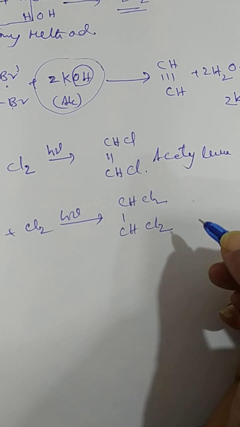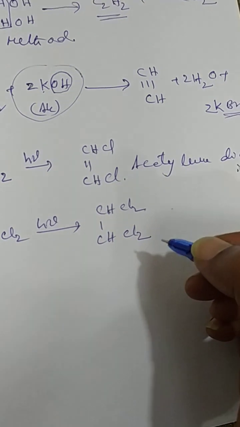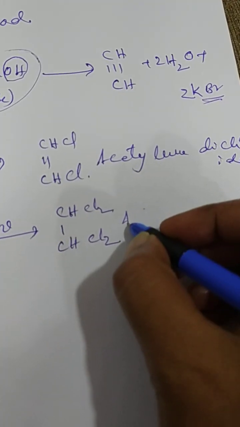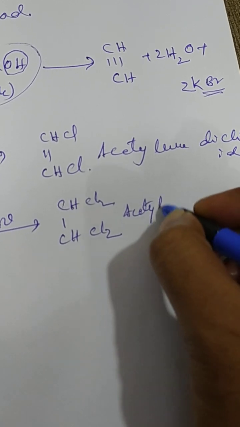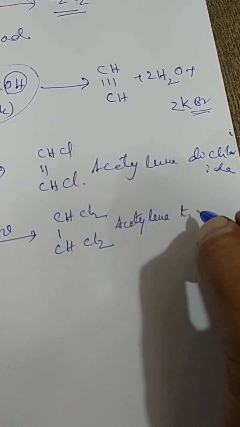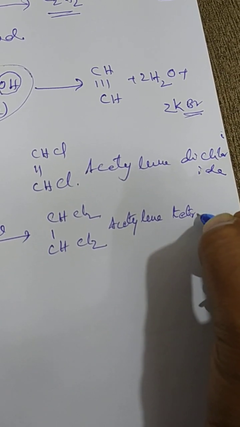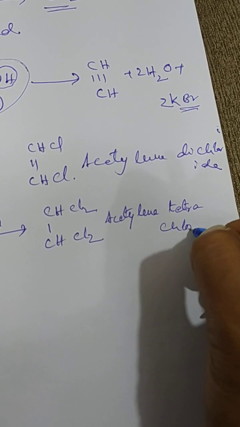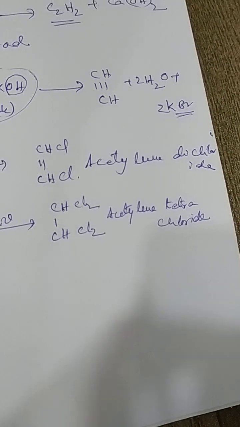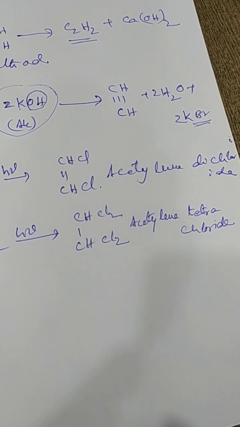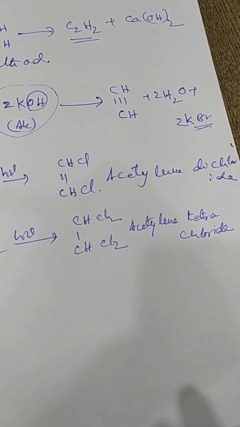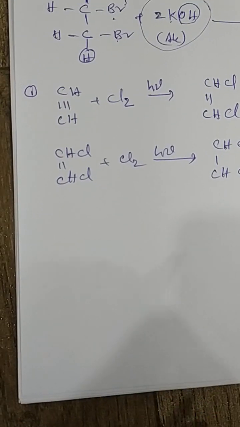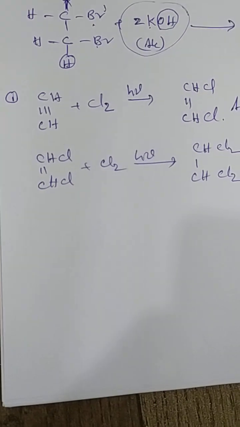Acetylene tetrachloride. Similarly, bromine like chlorine also reacts.